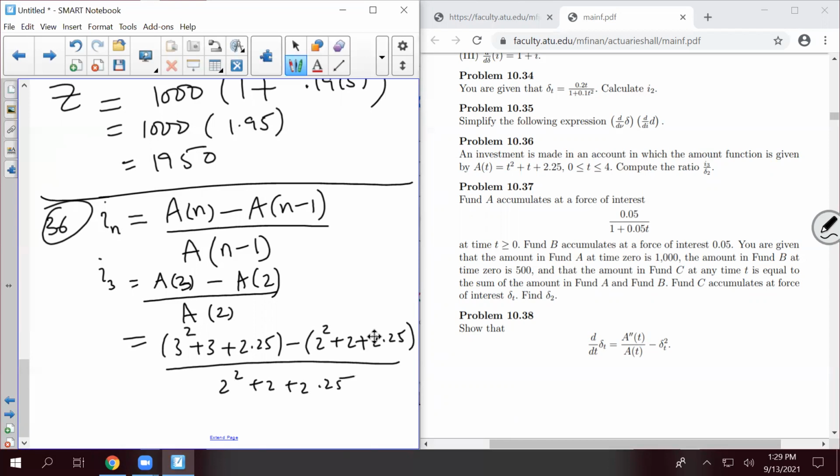So what do I get? 9 plus 3 is 12, 14.25 minus 8.25 is 6. So that's 6 over 8.25.